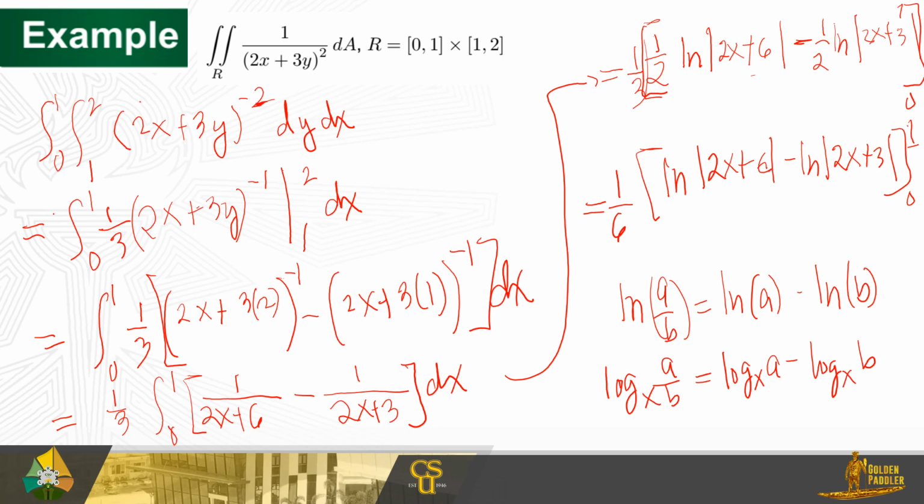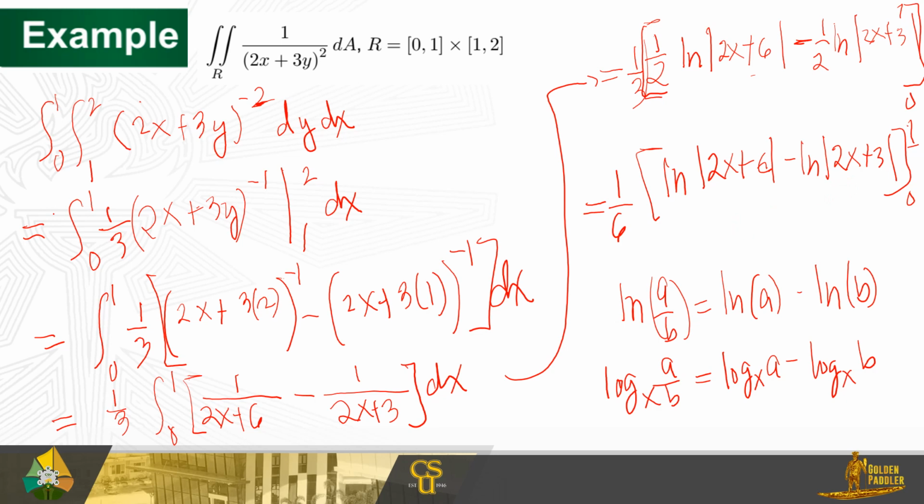Okay? So, in general. So, yan yung gagamitin natin. So, ito, sa taas, magiging ln of 2x plus 6 over 2x plus 3 na yan. Okay, so masisimplify yung ating expression.